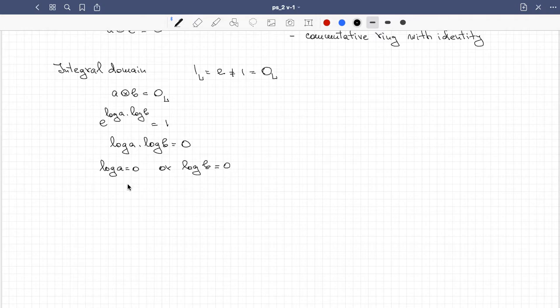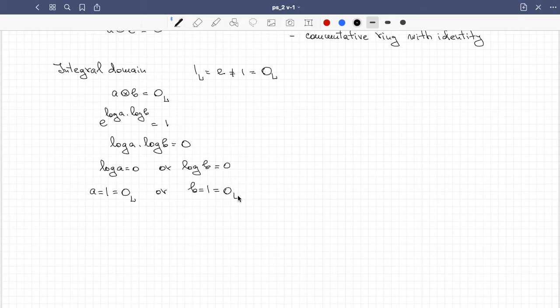Log a is 0 happens when a is 1, which is 0_L, 0 in the ring L, or b is 1. Log b is 0 when b is 1.